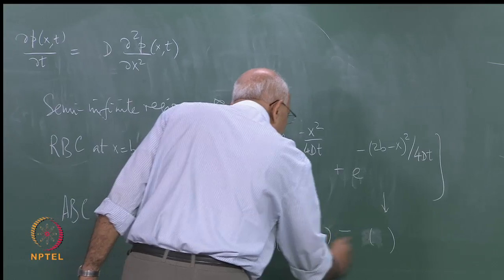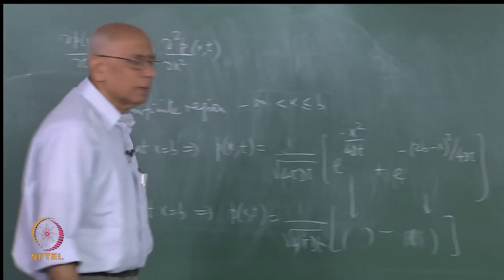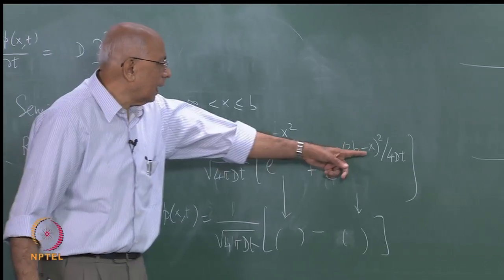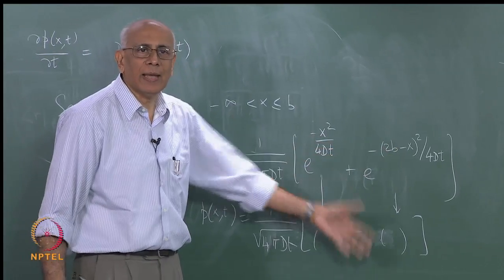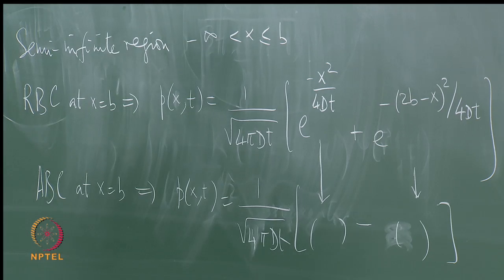And of course if you set x equal to B, you realize that these two will cancel each other completely, and that is the unique solution to the problem.